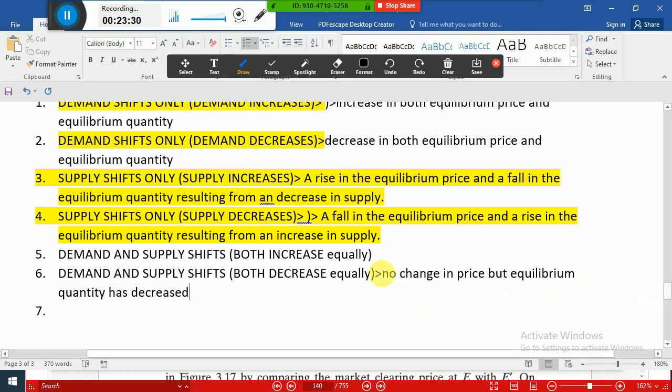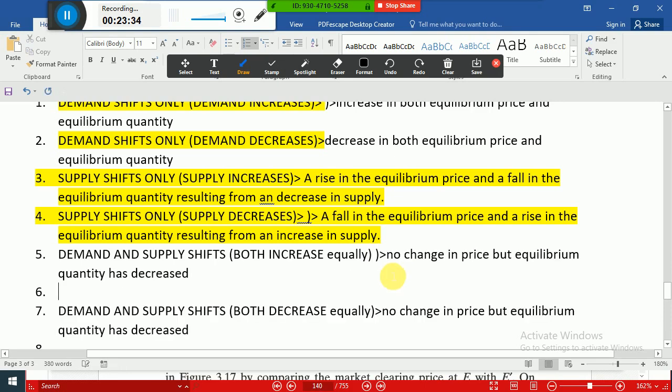What was our conclusion in the earlier case? There is no change in price, but equilibrium quantity has increased.